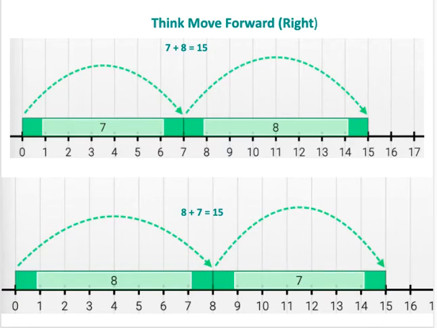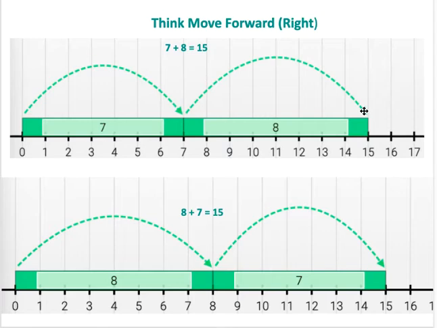Here is another example of moving forward. You are on a number line. You can think of it as a straight road. And you travel 7 blocks forward, take a break, and then travel another 8 blocks forward and land on 15. This is the addition problem. 7 plus 8 is 15.